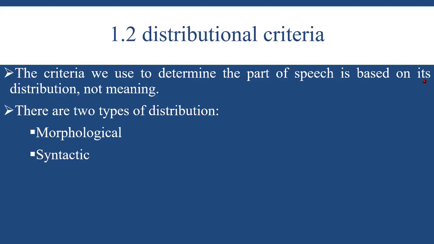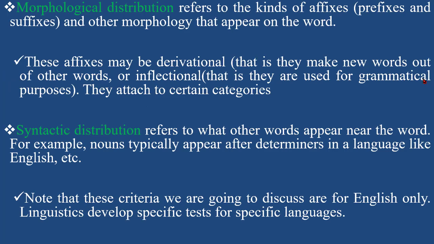Now, we're going to look at distributional criteria. The criteria we use to determine the parts of speech are based on distribution, not meaning. We have two types: morphological distribution and syntactic distribution. Morphological distribution refers to the kinds of affixes, prefixes and suffixes and other morphology that appear in the word.